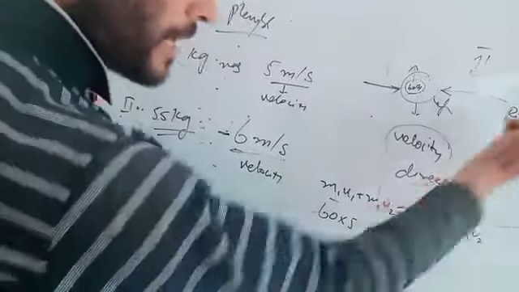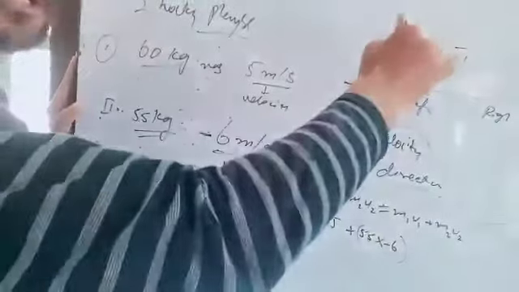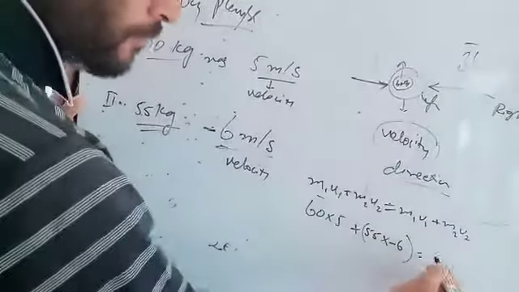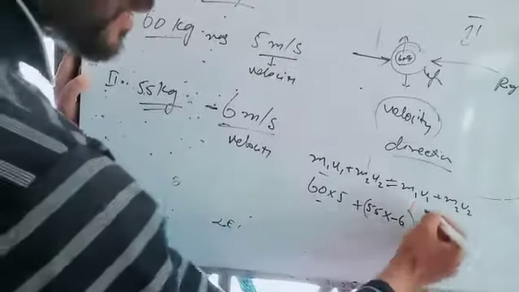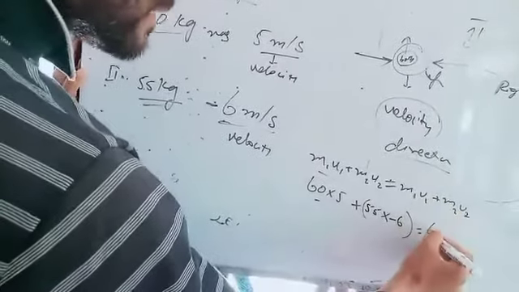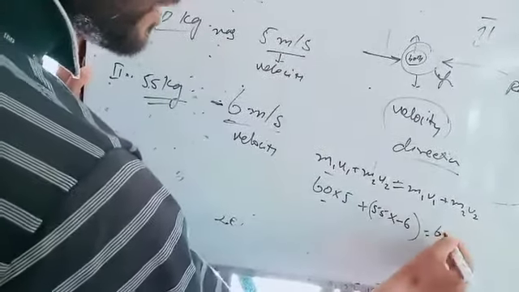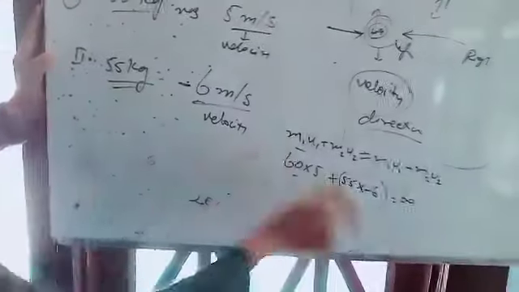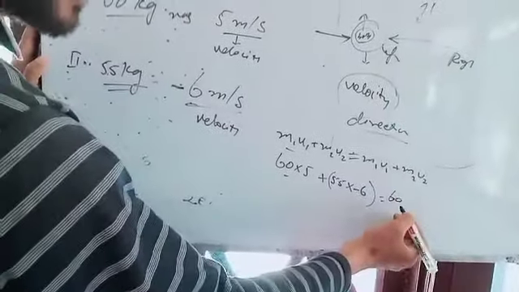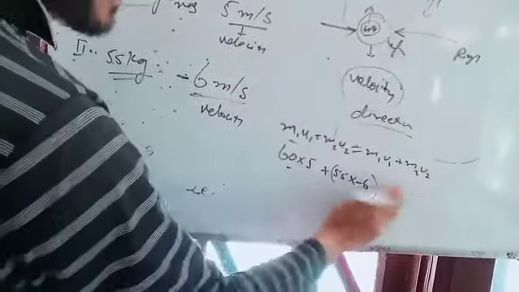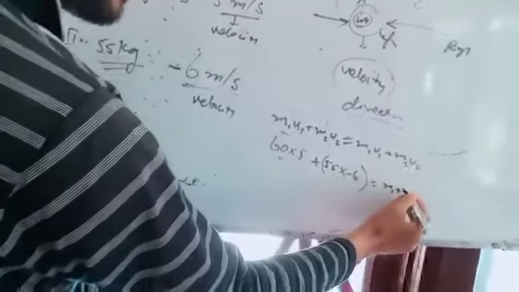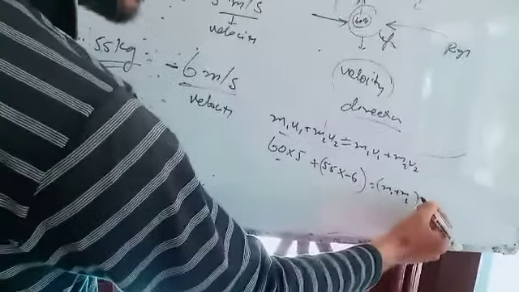Because that player has the direction opposite to the direction of the first player. When they get entangled, both have different masses, that means m1 plus m2, and they have the same velocity v.